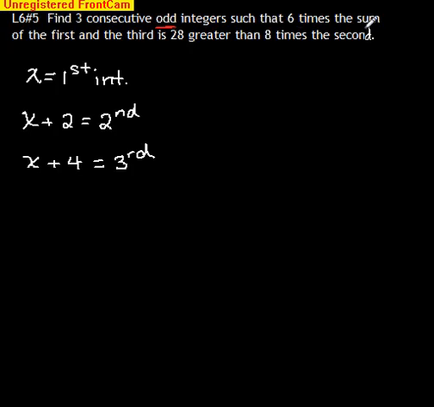6 times the sum of the first and the third. Well, here's the first. That's the first. And here's the third. Sum means add. So we're going to do 6 times the sum of the first and the third.